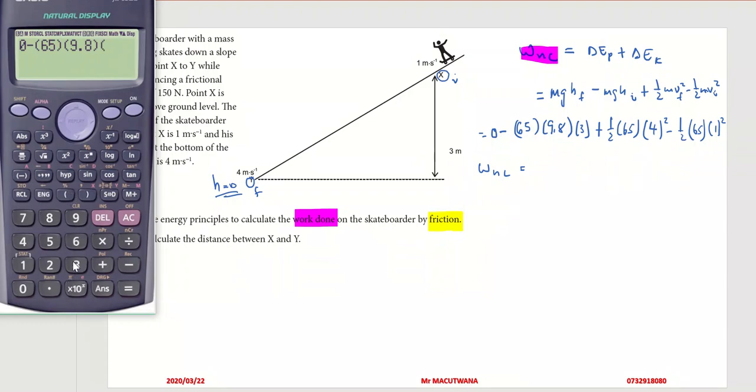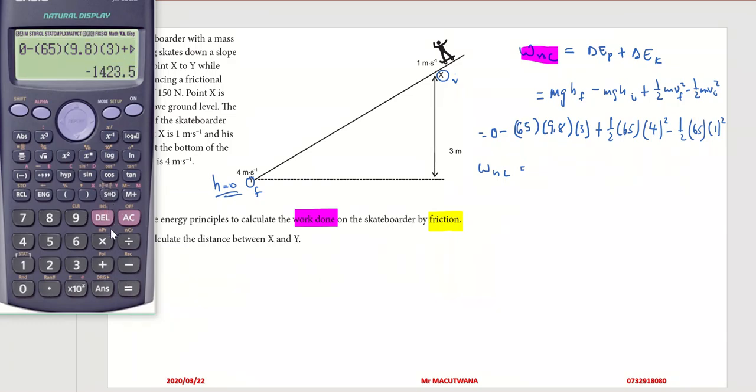Then we have 3 plus 1 over 2 into 65 into 4 squared minus 1 over 2 into 65 into 1 squared, right?